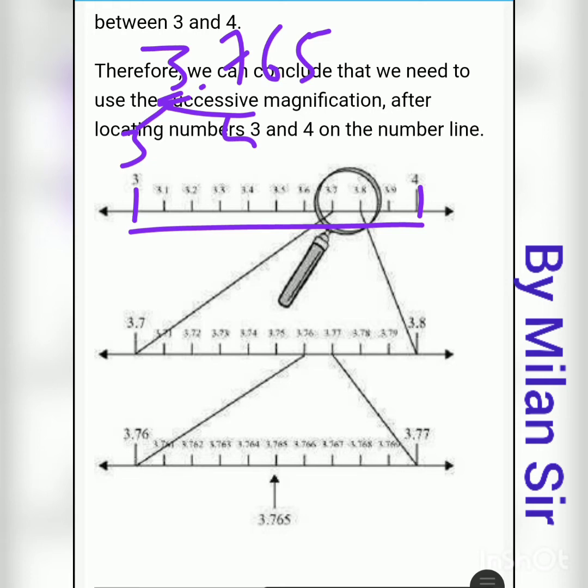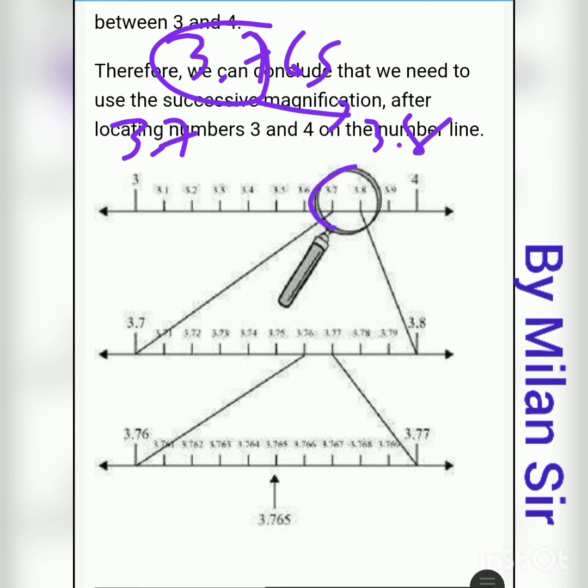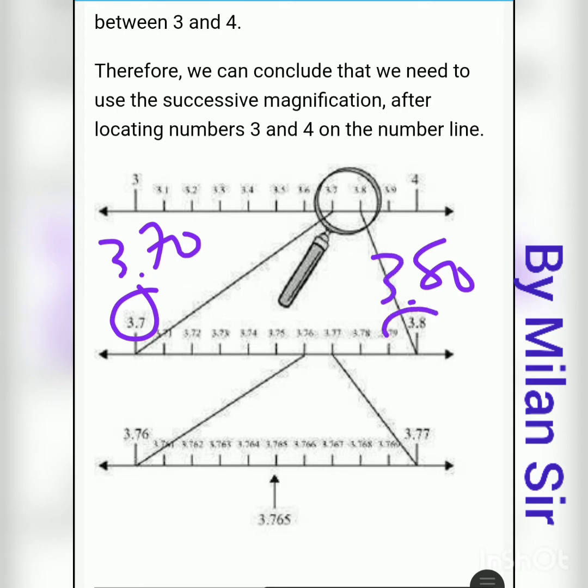Then we look at 3.7, and this number lies between 3.7 and 3.8, so we zoom these two parts. Here 3.7 means 3.70, then 71, 72, 73 up to 80, that is 3.80, which means 3.8 only.